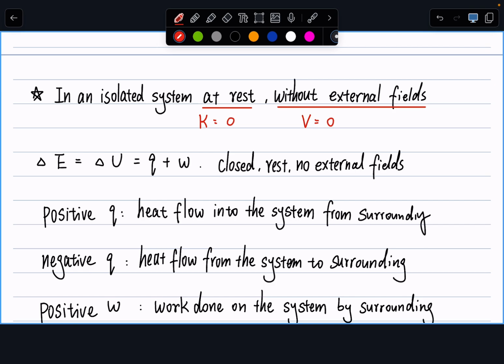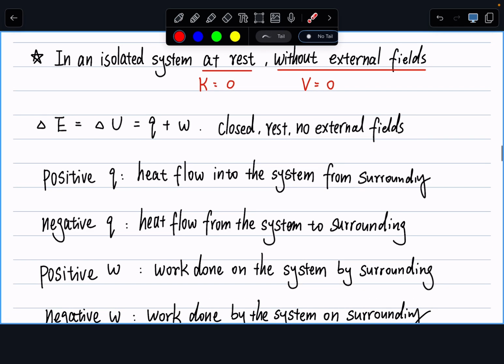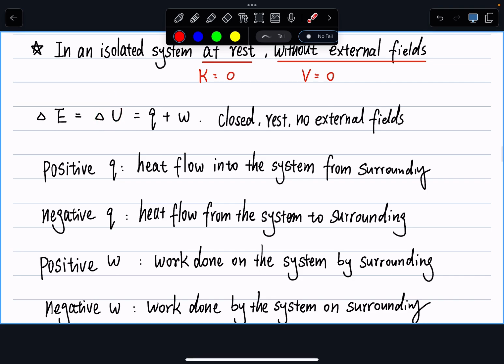So for our thermodynamic system, we can further simplify this relationship into delta E, the total energy of the system, equals the internal energy of the system for closed, rest, no external field. For the system that is closed, at rest, and doesn't have any external field. Note that this relationship is only true when these assumptions hold true.